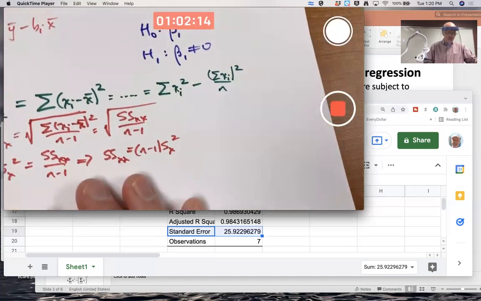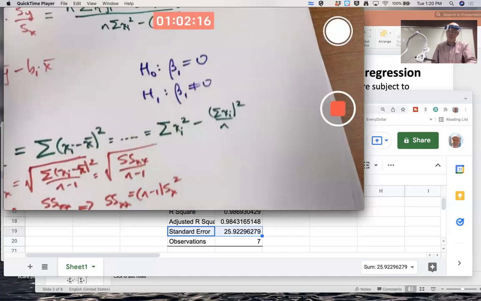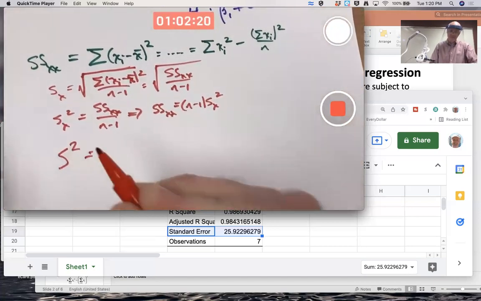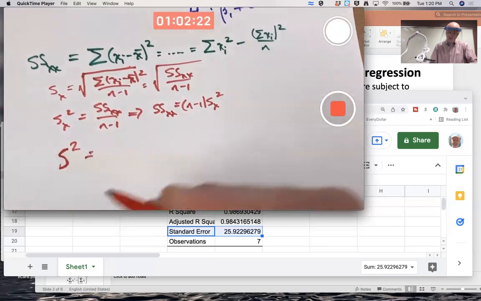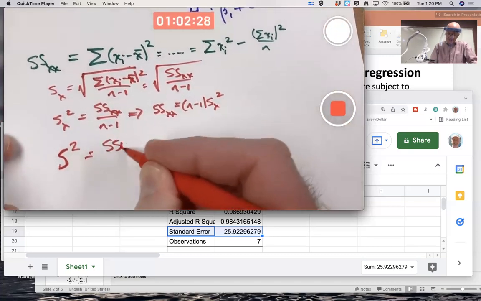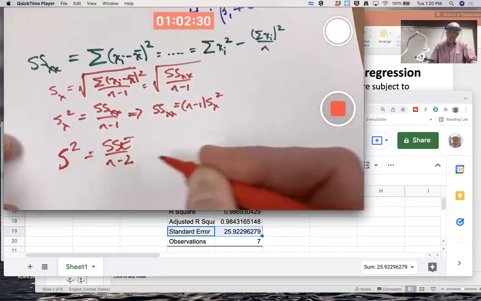Yeah, there's a formula for S squared. Again, its square root is called the regression standard error. S squared is SSE divided by n minus 2.